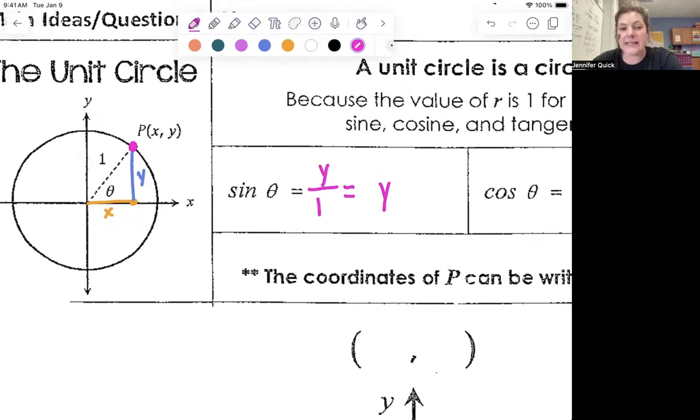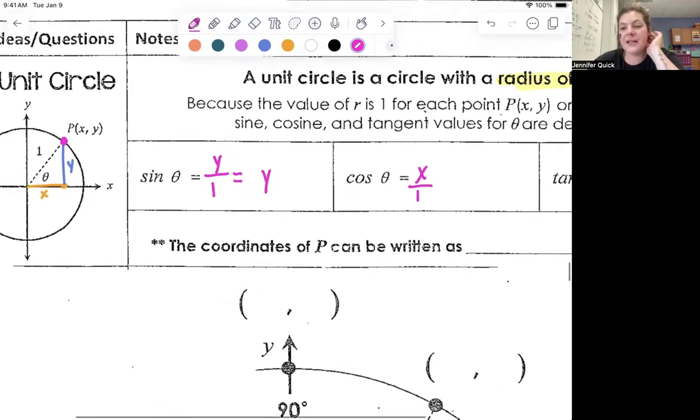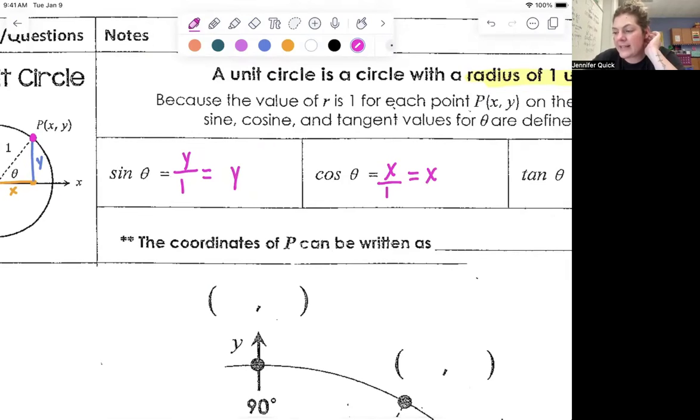The cosine is adjacent over hypotenuse, and this theta's adjacent leg is the X value over 1. So we could simplify that and say that the cosine of theta is just the X coordinate.